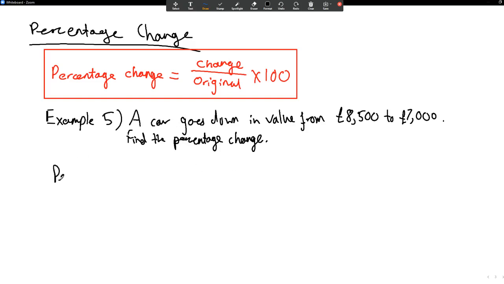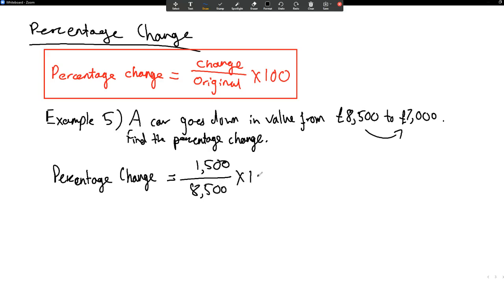So we get the percentage change to be equal to the change. So the change will be 8,500 minus 7,000 because that's the total amount that it's decreased by. So it will be 1,500 over the original, which we know is 8,500, and then we multiply that by 100.